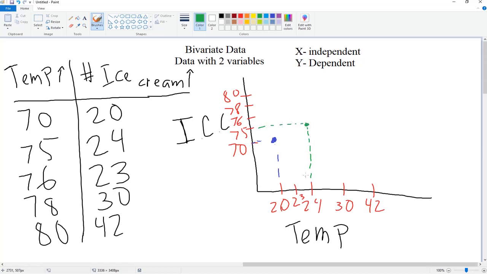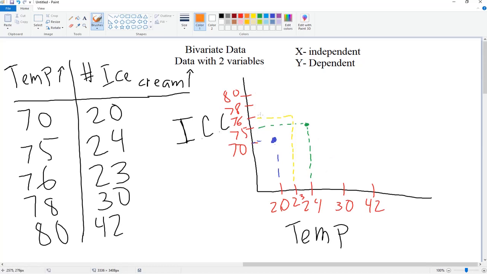By the way, I'm just showing these line dots so you can see where they intersect. You don't have to do this, and it's fine. 76 is 23, so moving this up, that's 23. 78 got 30.